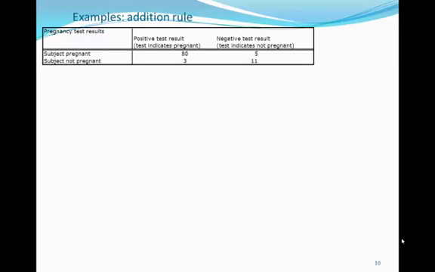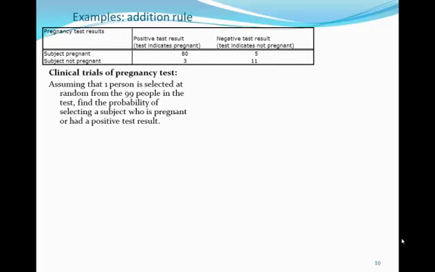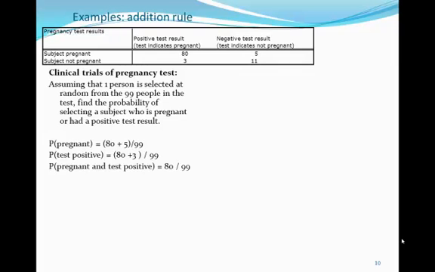Let's take a look at an example of addition rules. So this is a particular table we see in the beginning of the chapter. This table summarizes the pregnancy test results. So we get positive test results, negative test results, subject pregnant, subject not pregnant. So this 80 means subject pregnant, and the test result shows positive.